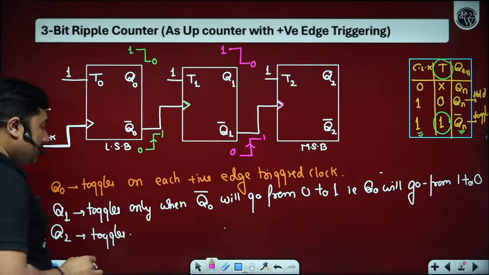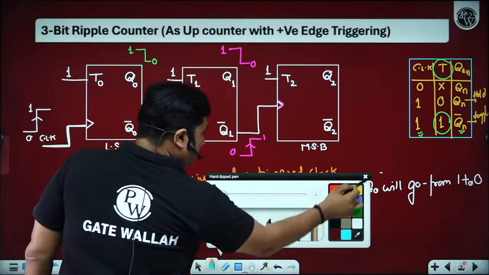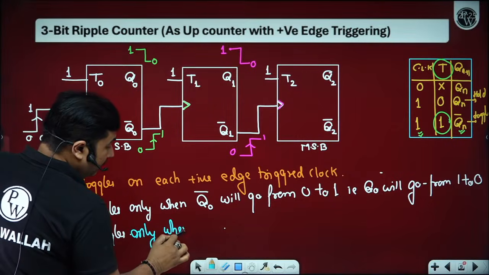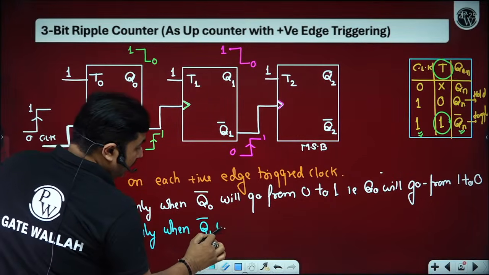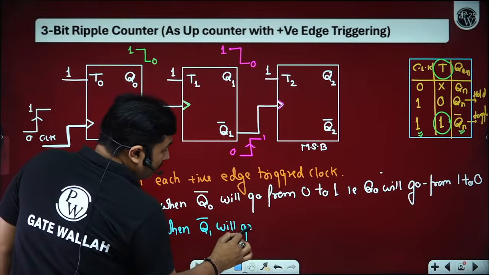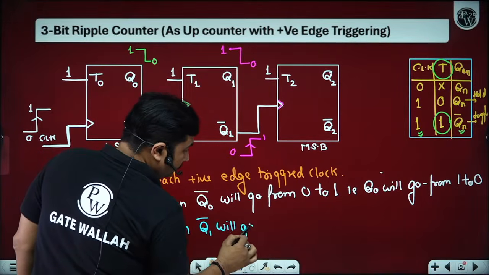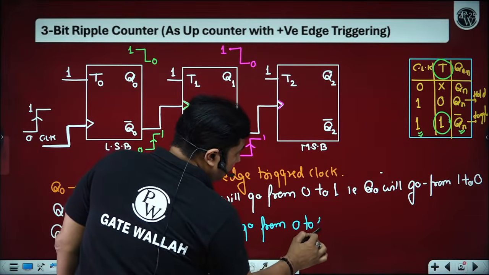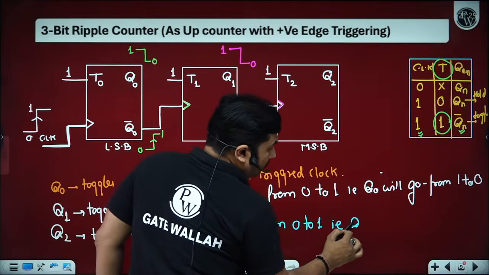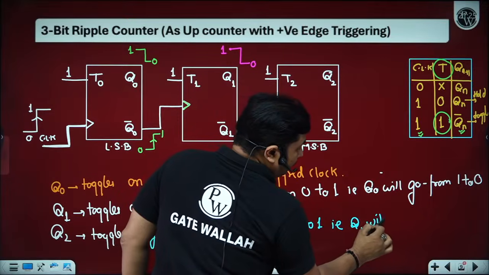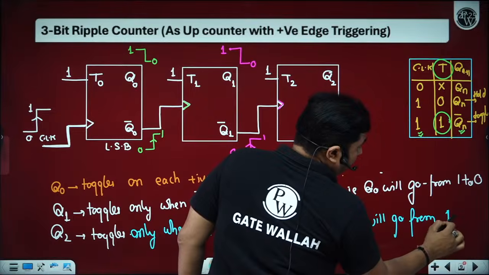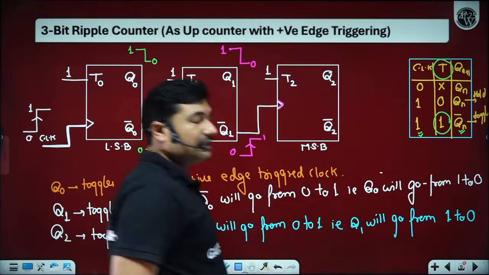It means Q2 toggles only when Q1 goes from 1 to 0. How many of you able to understand?